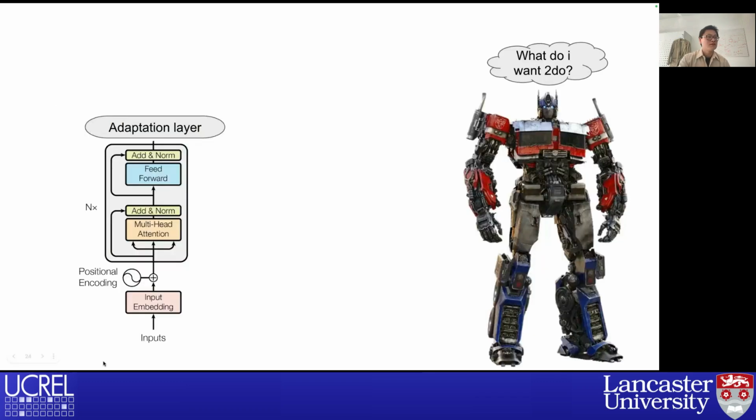So for specific application purposes, we add an adaptation layer after the encoder's learning of word representation, relations and semantic distributions. You add the adaptation layer on top of the transformer, thinking about what you want to do or what you can do.